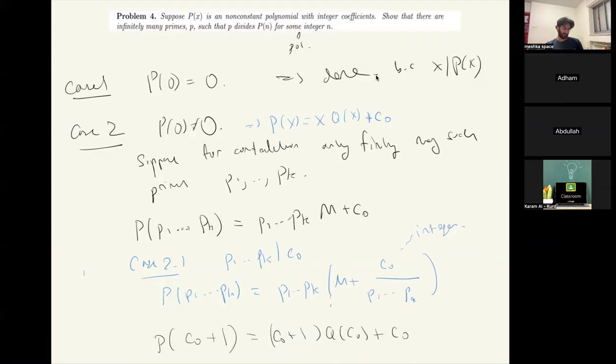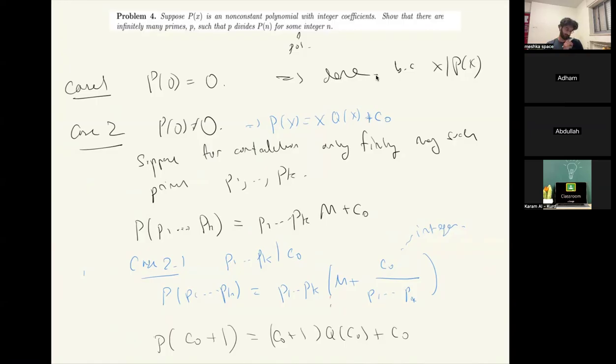So if I have p of c0 plus 1, I don't know what to deduce from this.